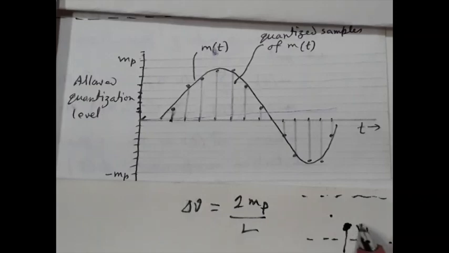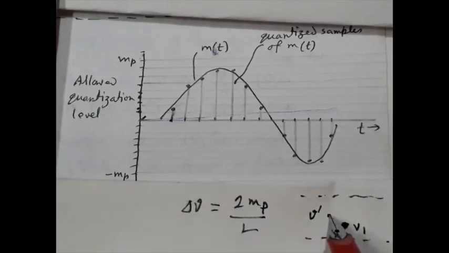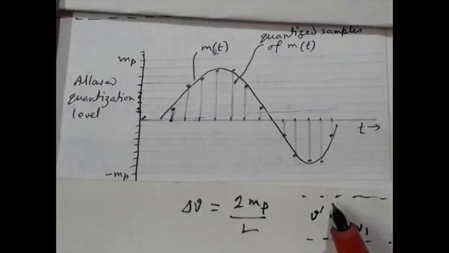That means the V1 voltage will no more remain. It will assign the midpoint value, say V dash, of this level. Now if the sample lies in the other level, that level will assign another voltage value which is the midpoint of that particular level. So instead of having a voltage of V1, all the samples falling within this sublevel will be assigned the voltage of say V dash.